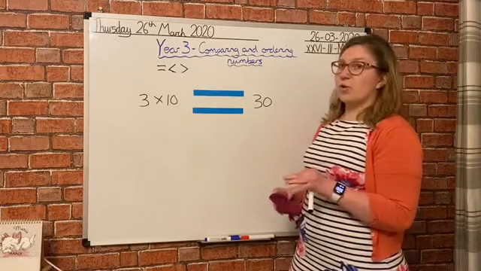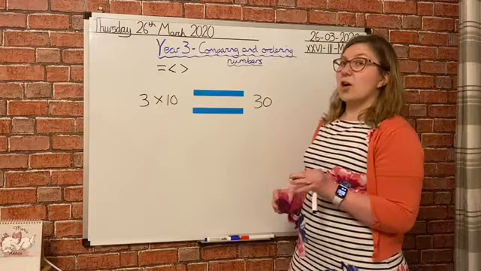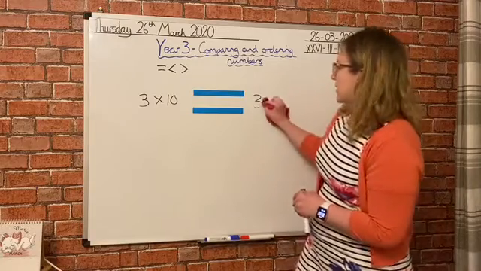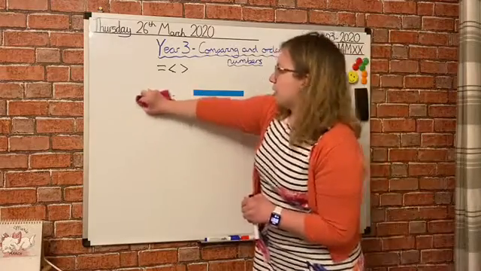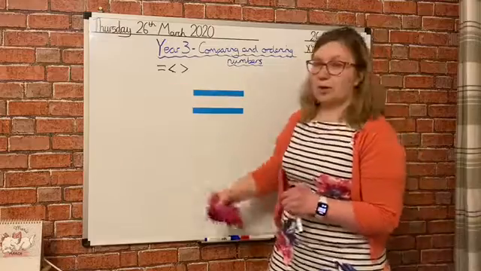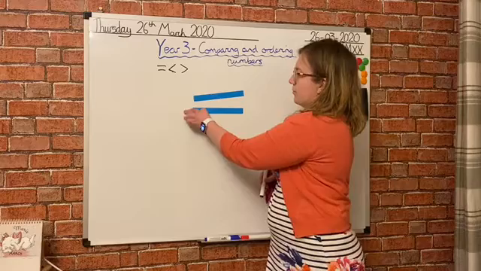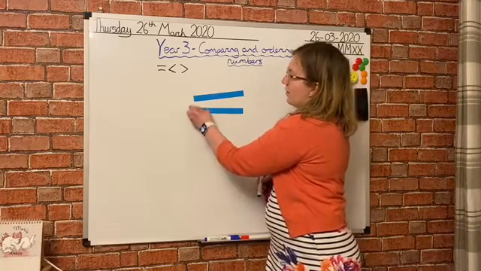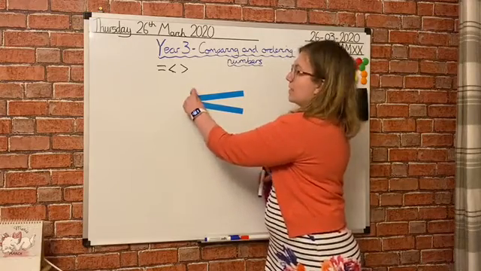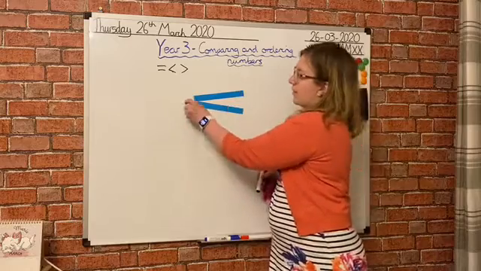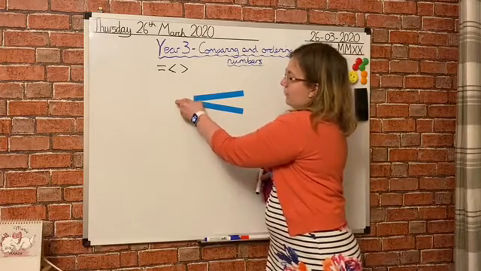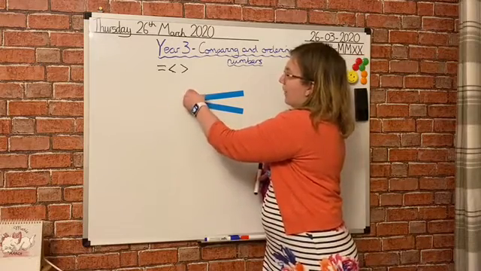Next, we move on to the origins of the less than symbol. So if I take my numbers away for a minute, just go back to having my two lines. Now if these two lines get closer together, it means the value at this end is smaller than the value at this end. So you can see now that I have my less than symbol.